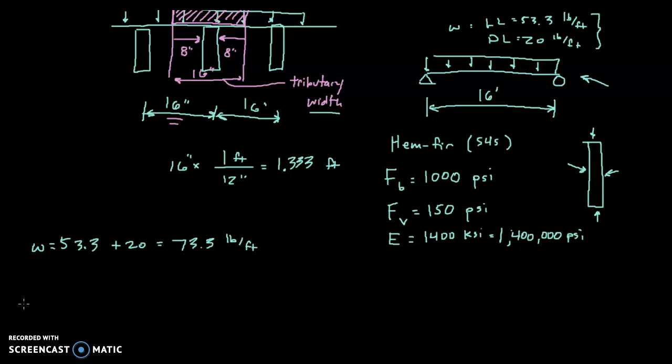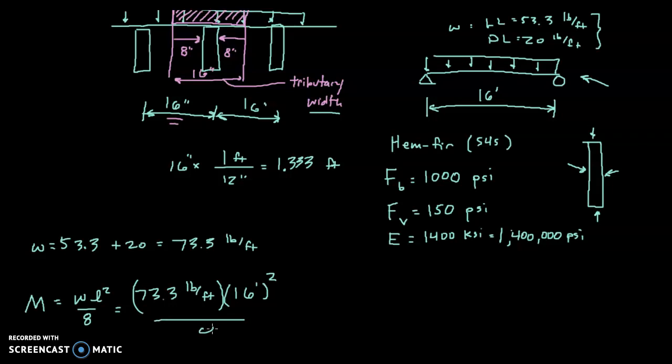We have a simply supported beam with a uniformly distributed load. The formula from Appendix H tells us that the maximum moment for that situation is WL squared over 8. So our W is 73.3 pounds per foot, multiplied by a span length of 16 feet squared, divided by 8.